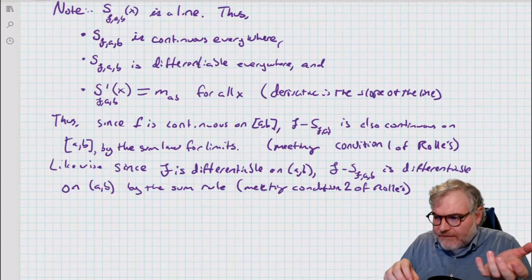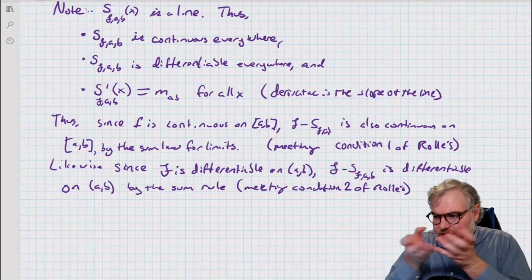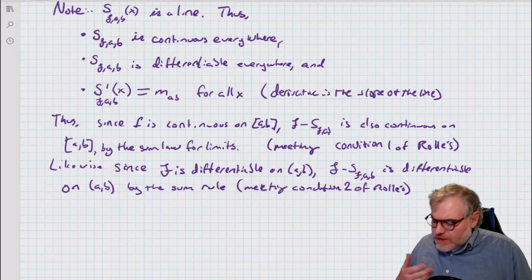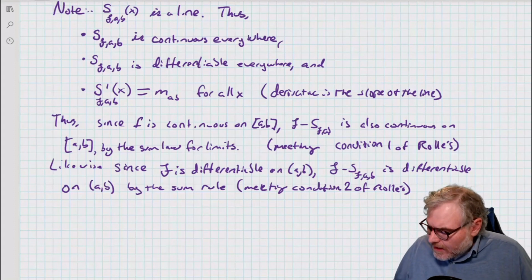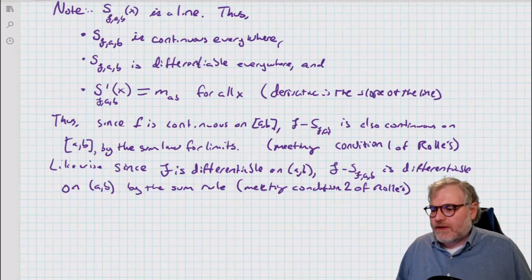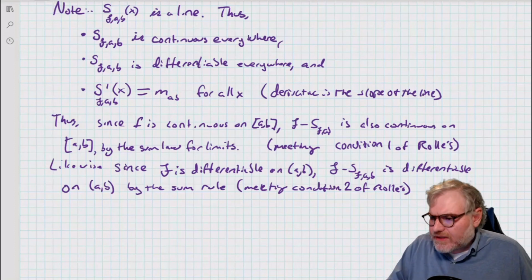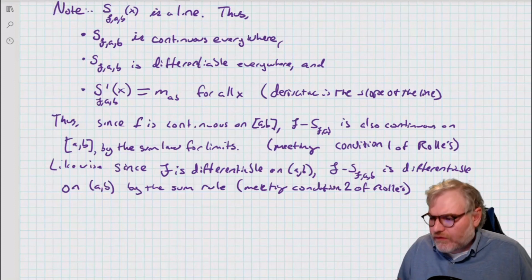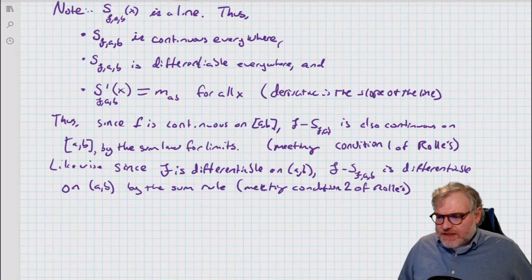The limit from the left equals the limit from the right equals the value of the function. Likewise, since f is differentiable on (a, b), f minus s is also differentiable on (a, b) by the sum rule for derivatives. So I've met both condition 1 and condition 2 of Rolle's theorem. The only one left is condition 3.